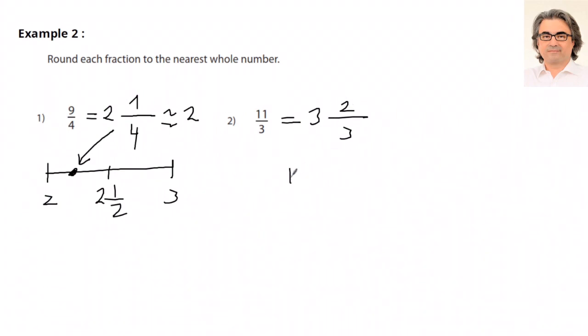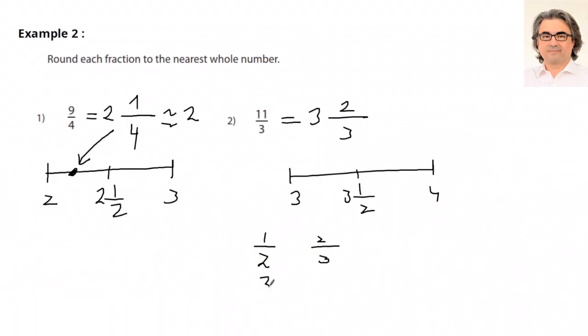What about 3 and 2 over 3? This number is between 3 and 4. This is the midpoint, 3 and 1 over 2. So I should compare 1 over 2 and 2 over 3. Equalize their denominators. Multiply by 3, multiply by 2.